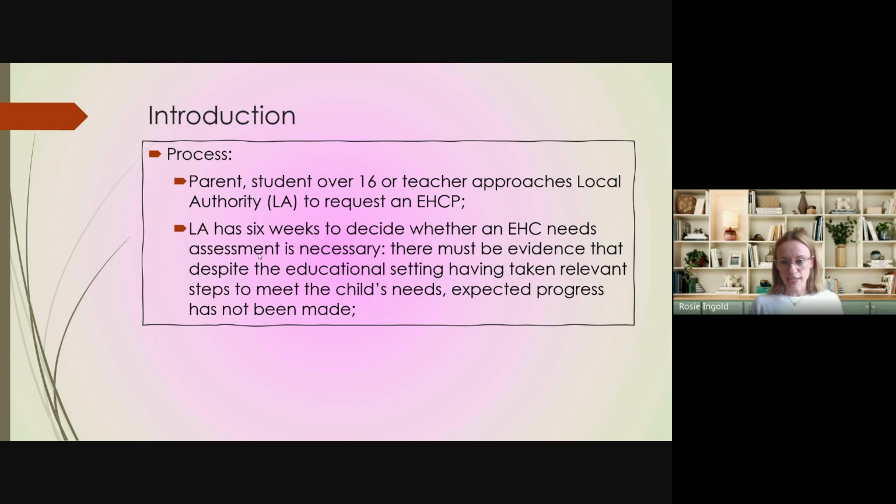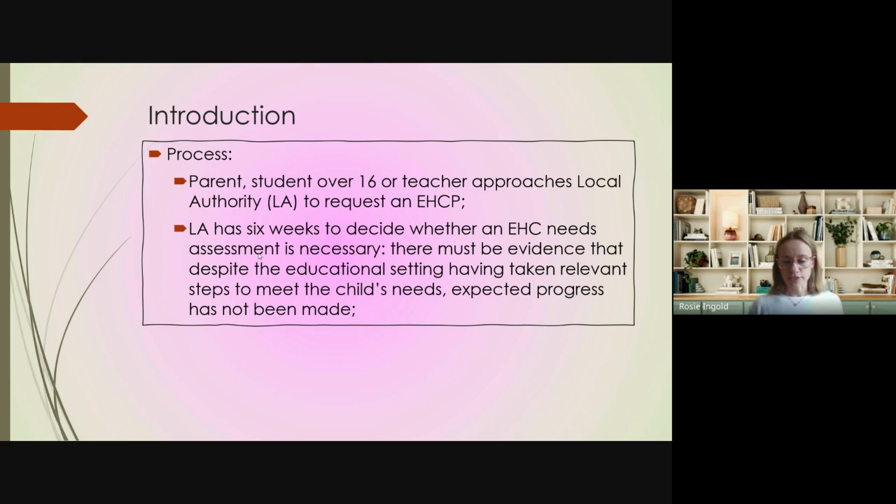So as you'll see as I talk through this, there are a number of stages to this process. All of those stages are quite lengthy, and that can understandably cause some distress and frustration for families who are going through this process. But this first stage is the local authority deciding whether or not a needs assessment is going to be necessary.